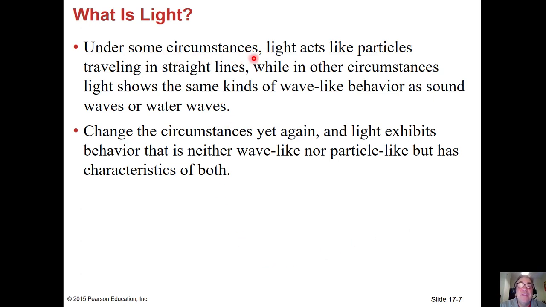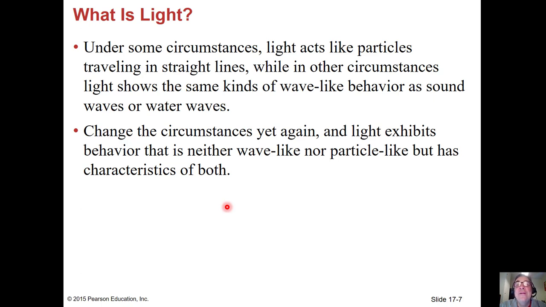So under some circumstances, light acts like particles traveling in straight lines, while in other circumstances, light shows this wave-like behavior. Like, for example, sound waves or water waves. So changing the circumstances, again, light exhibits behavior that is neither wave-like nor particle-like, but has both characteristics. It really just comes down to what is light interacting with, and different kinds of characteristics come out.